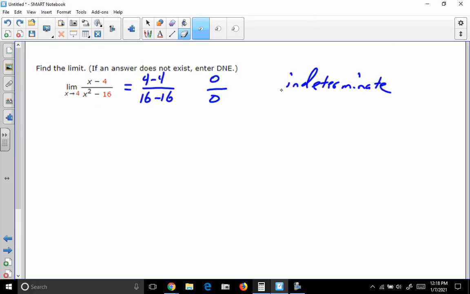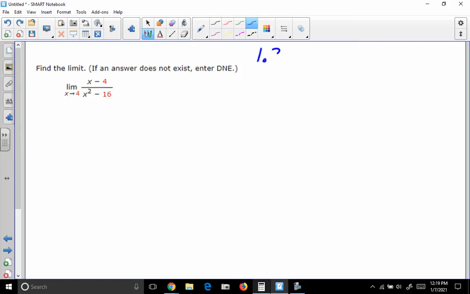It is undefined, but often when things are indeterminate, the limit exists. We are going to be approaching something, but the question is, what are we approaching? So we could make a table. We could pick values closer and closer to 4. But in this section, instead of making a table, they want us to solve this algebraically. So this problem is found in 1.3.